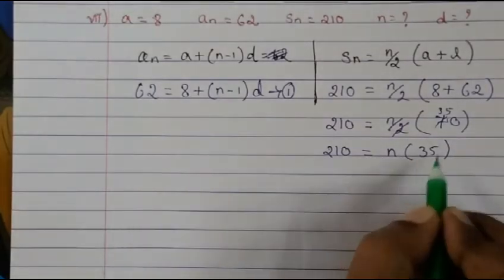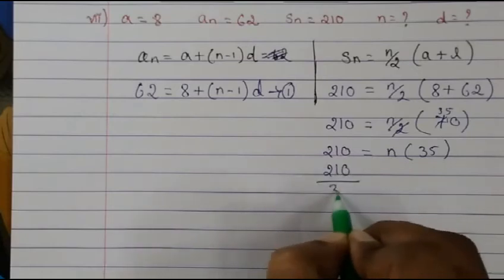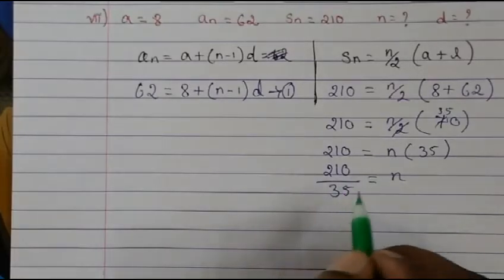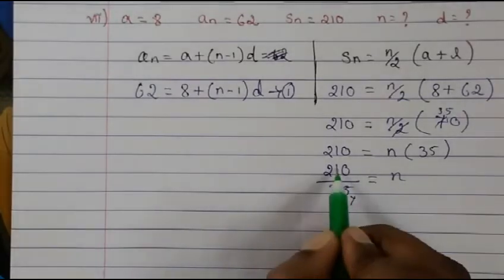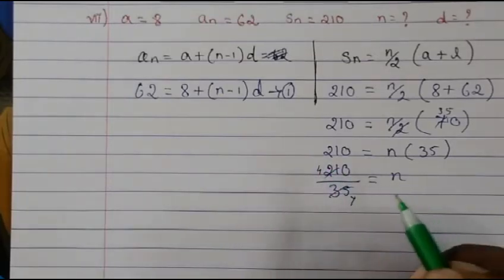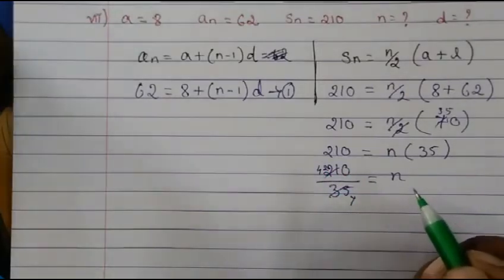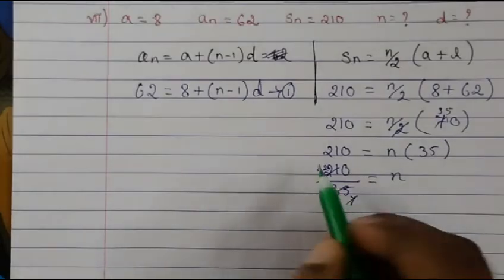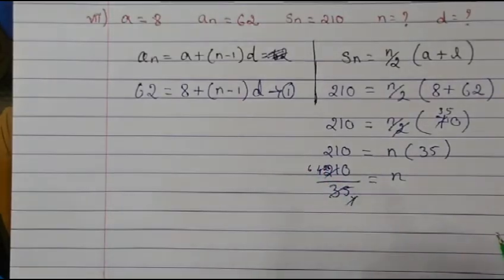So let's bring that 35 to this side. This is in multiplication, so when it comes here it will be in division. So n equal to 210 upon 35. If you cancel with the table of 5, 7 times 35, 42 upon 7, 6 times 7 is 42.